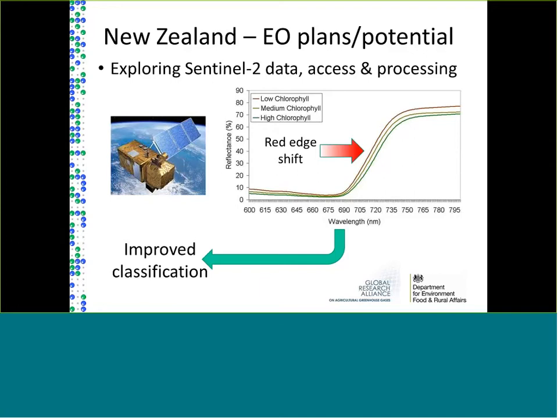When you get high concentrations of chlorophyll in foliage, it causes the so-called red edge to shift quite significantly, which means you get good sensitivity and a good response at high vegetation levels, which isn't always true with previous methods of estimating vegetation index.